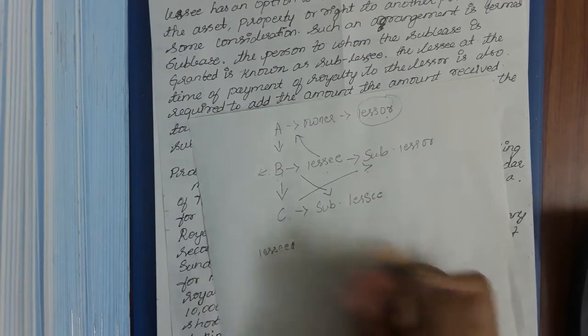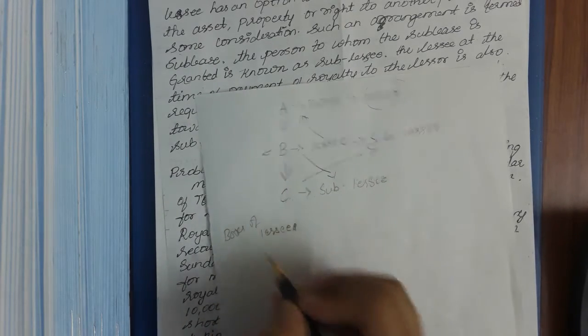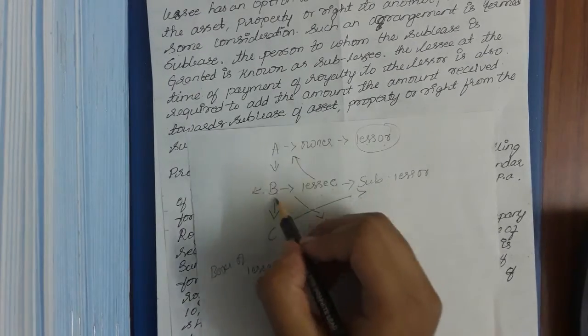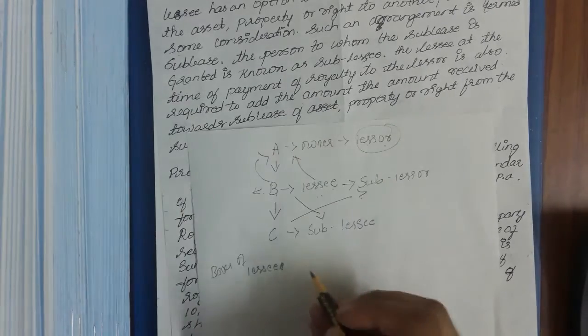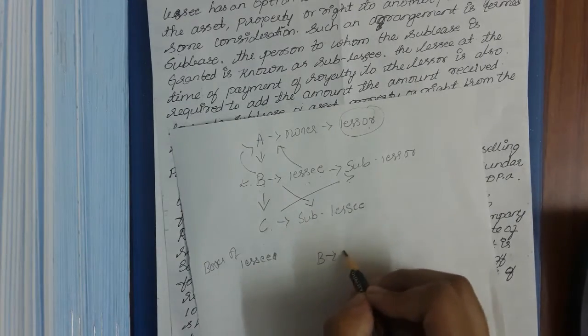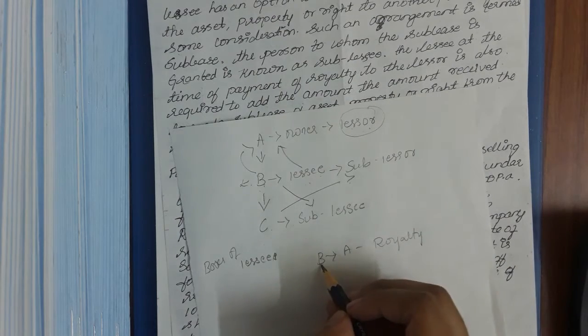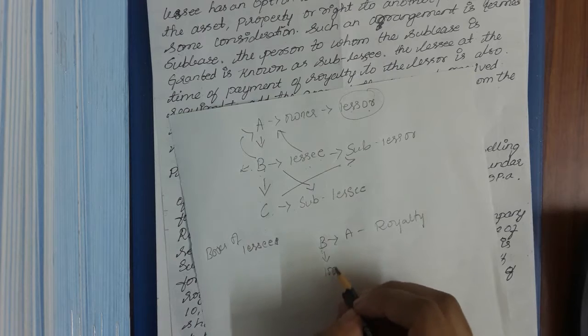You will be preparing the books of the lessee. In this type, one more thing: B has to pay A, the owner, the royalty. Along with whatever royalty B has earned from the sublease, whatever rent B has to give A, he will pay. For example, the royalty is 1000 rupees.